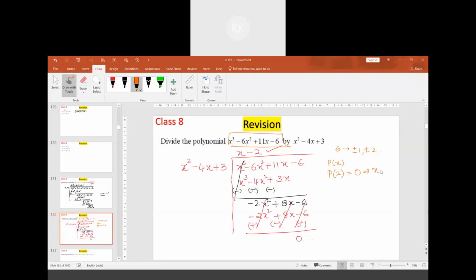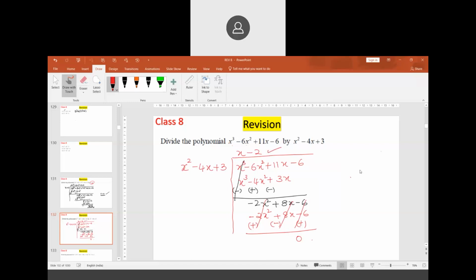It means that x minus 2 is a factor. Once this factor is obtained, we can divide again. Again, you have to follow long division only. So there is no other better method than the long division method.